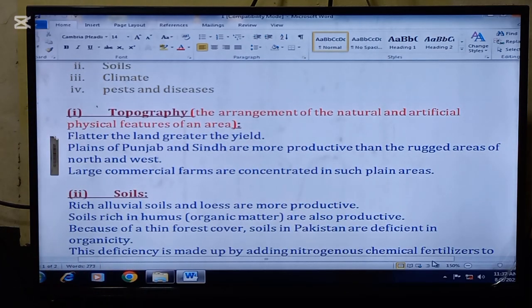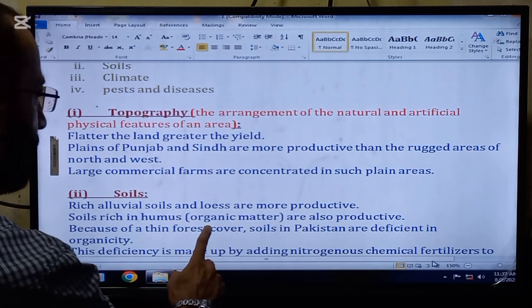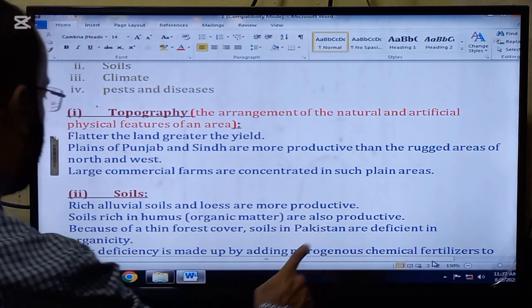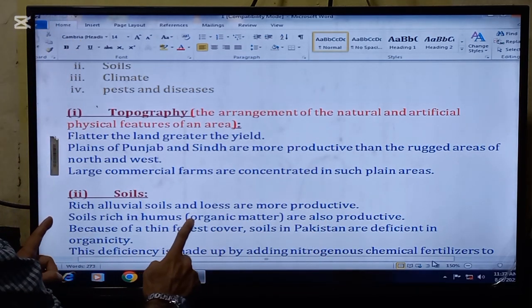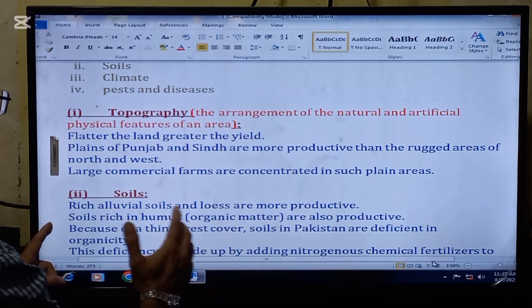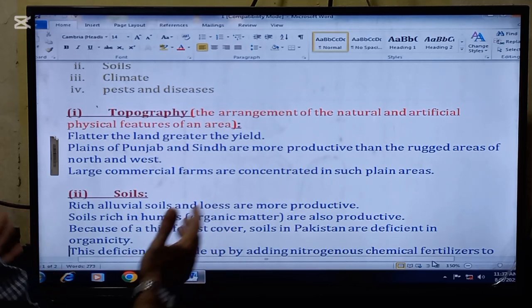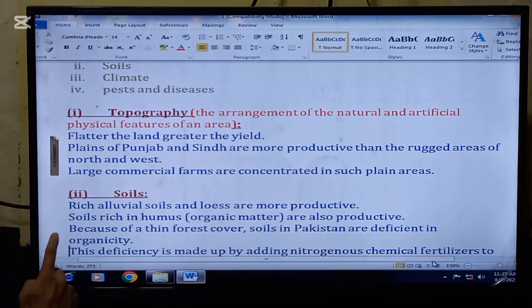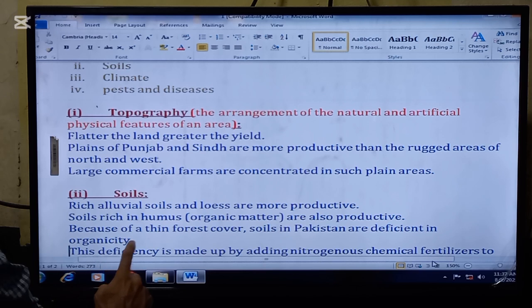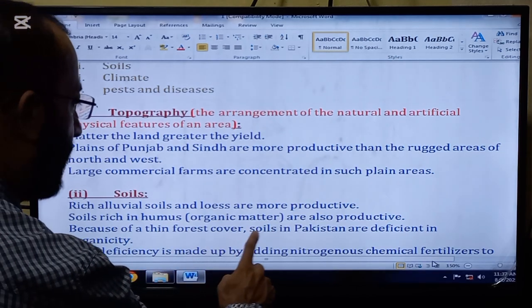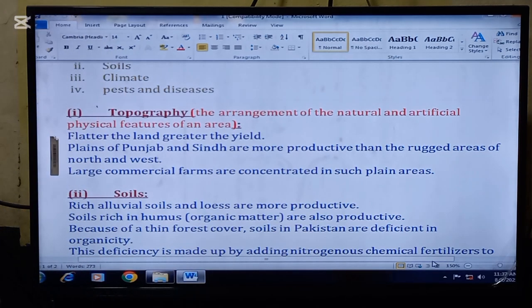The next factor is soil. Rich alluvial soil and loess are more productive. So where this kind of soil is available, that area is much more suitable for farming. Soil rich in humus, that is organic matter, is also productive.